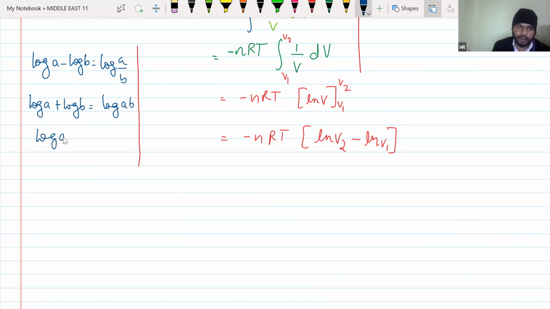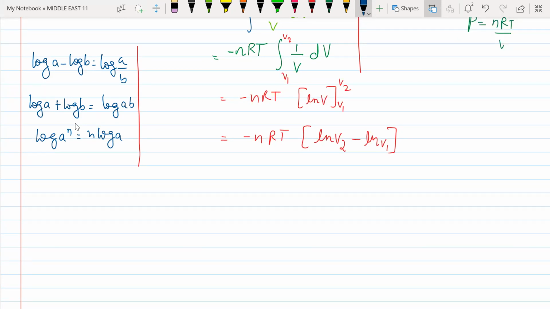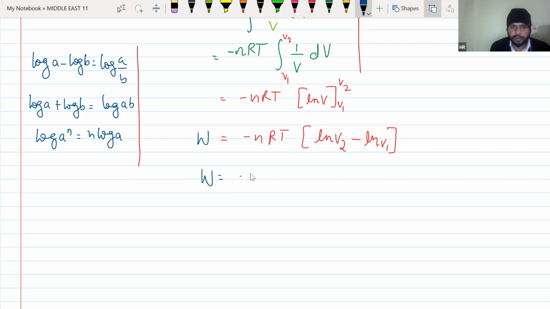And log a raised to the power n can be written as n log a. Is that clear, everyone? Yes, sir. So here is the formula of W, work done. W is equal to nRT, and here you can see log a minus log b, so I can write ln V2 upon V1.